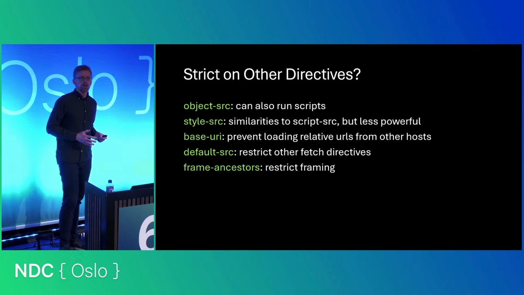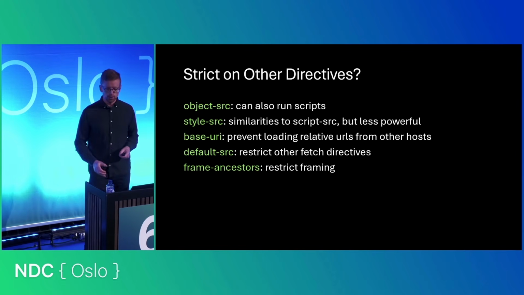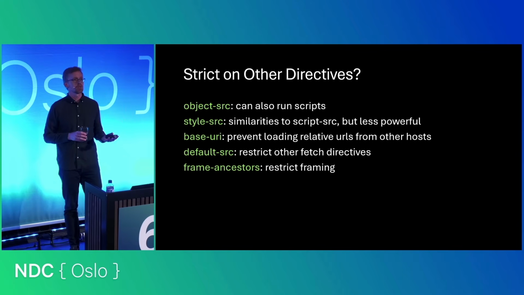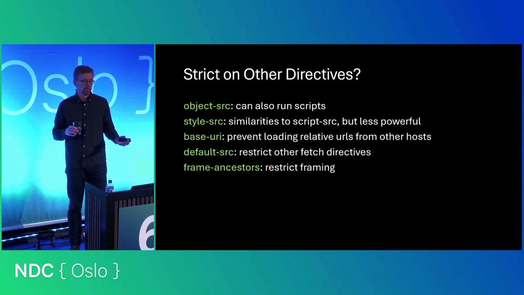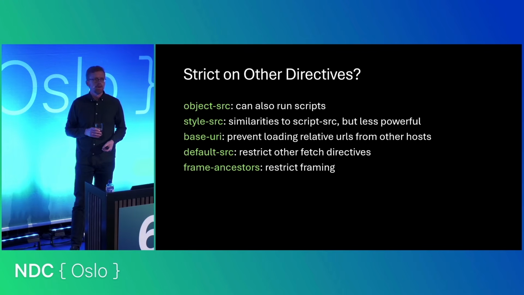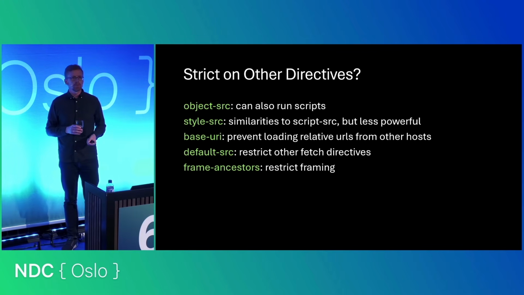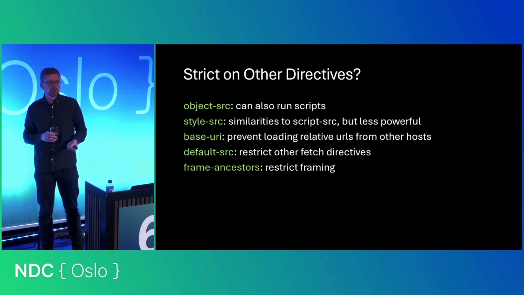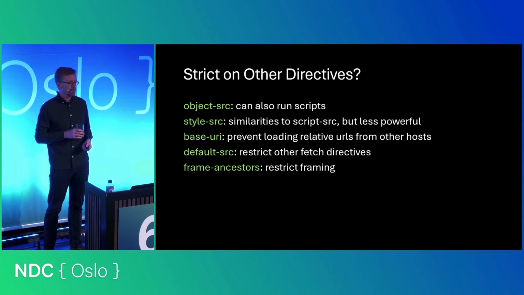So I focused on scripts, which is one of the most important things to restrict. But what else should we restrict? Well, the whole thing is about restricting stuff. Object source is something you really want to restrict because it can run scripts. And in most cases, you're not using it, so just block it.